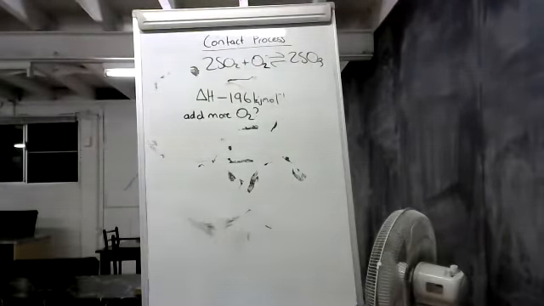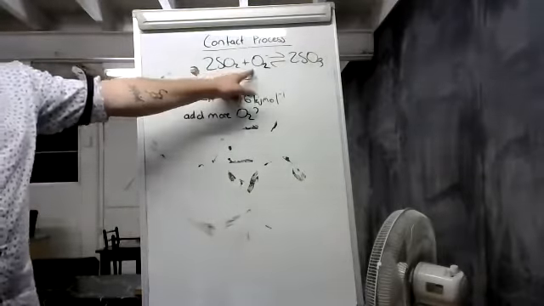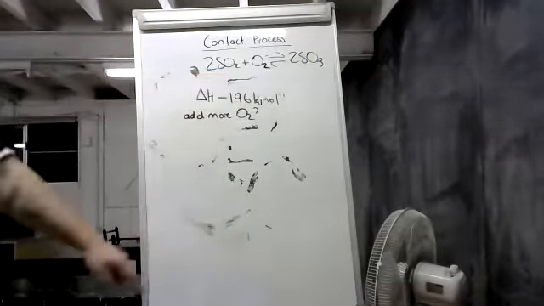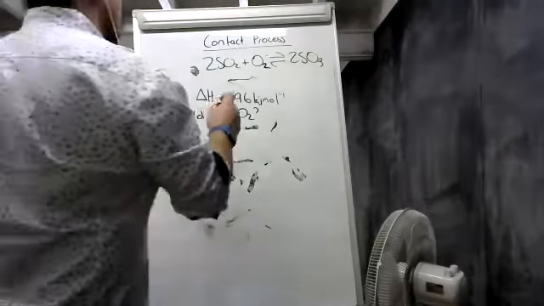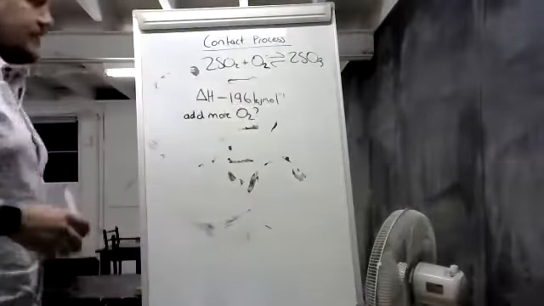Which way is the equilibrium going to send the reaction? So if I'm adding more reactants, how is the system going to balance that out? So Kai says forwards. Kai would be correct.